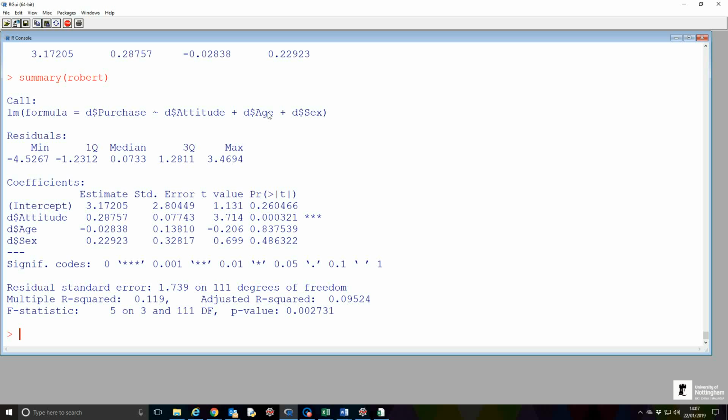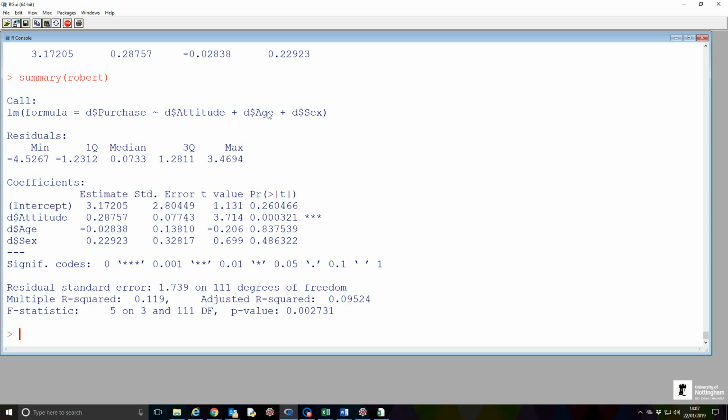Below the coefficients, we also get all the metrics for the model in total. We get the residual standard error, which is 1.739, and the degrees of freedom. We don't really do anything with these, we just report them. What we do look at is the multiple R squared and the adjusted R squared.